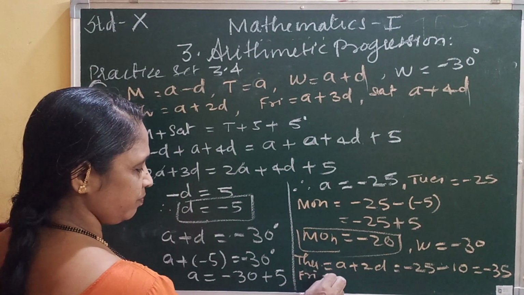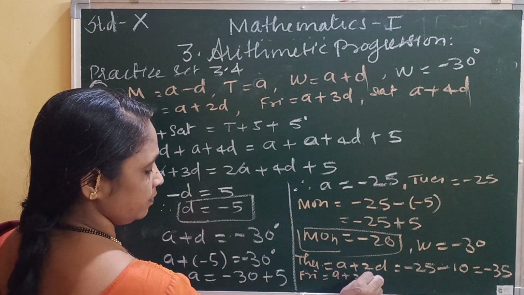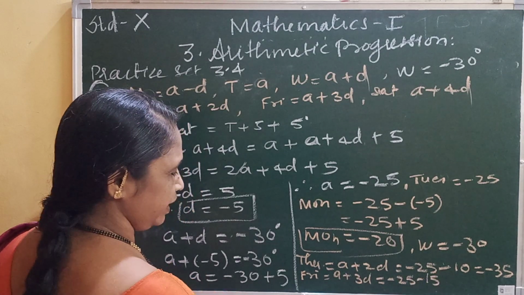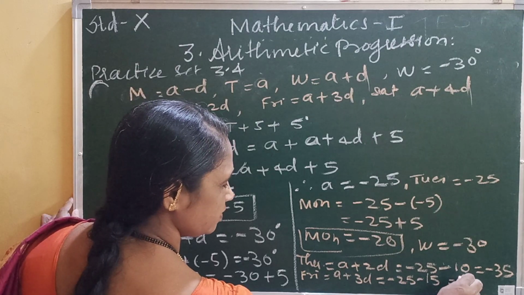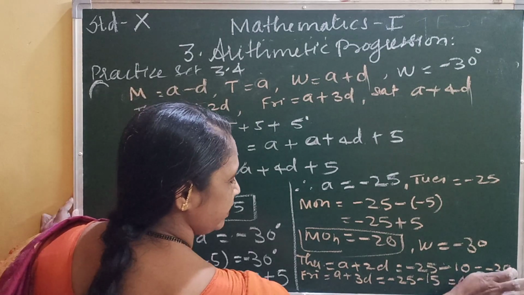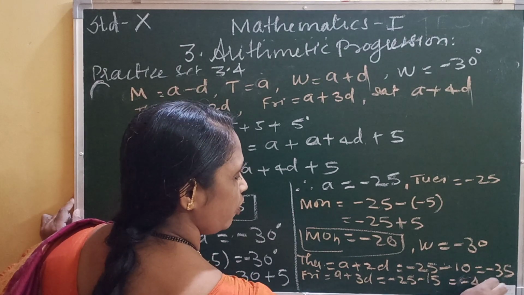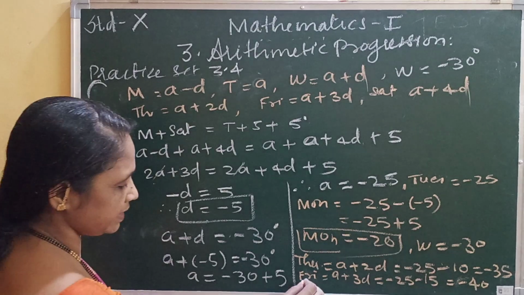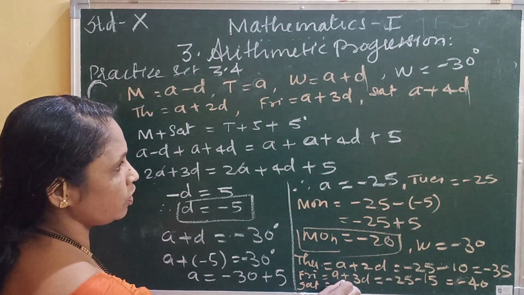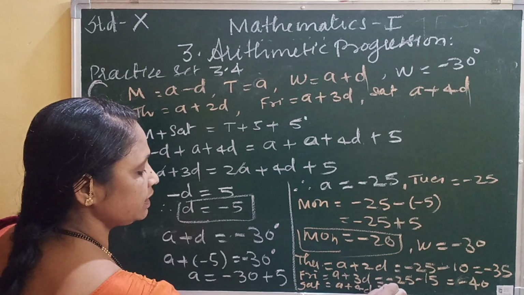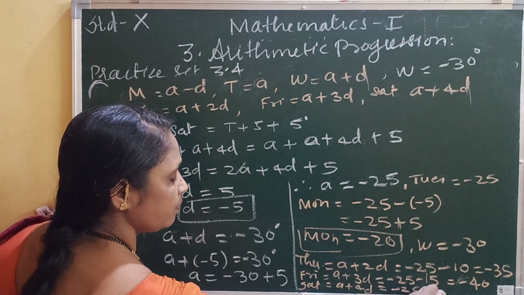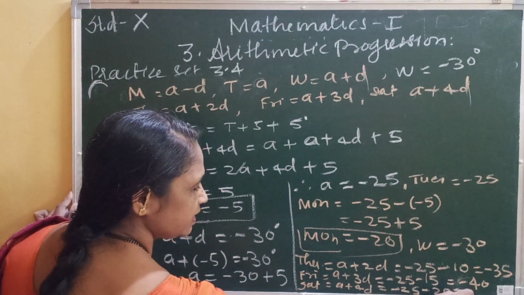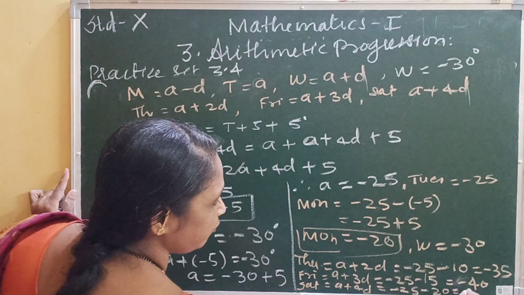Friday's temperature will be A plus 3D. Minus 25 minus 3 5s are 15, means it is minus 40 degree. Okay, Friday's temperature is minus 40 degree. Now Saturday's temperature is A plus 4D, means minus 25 minus 5 4s are 20, means it is minus 45.